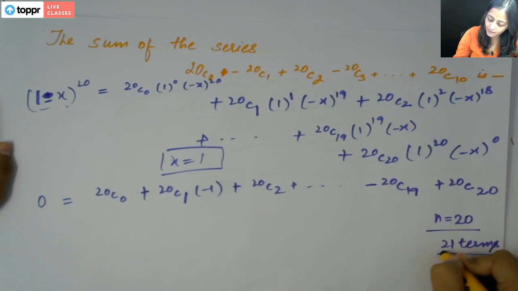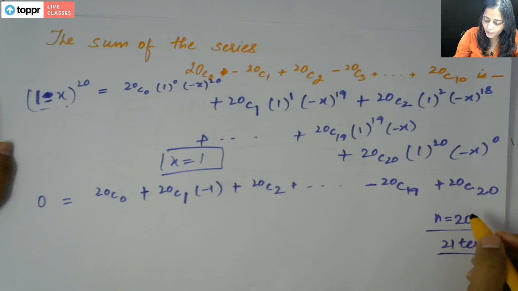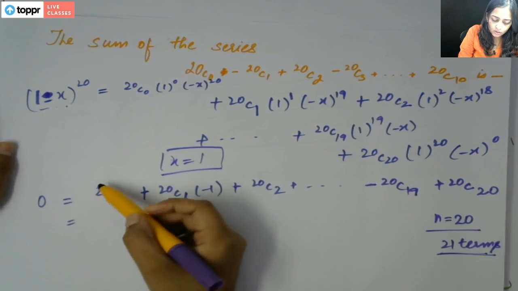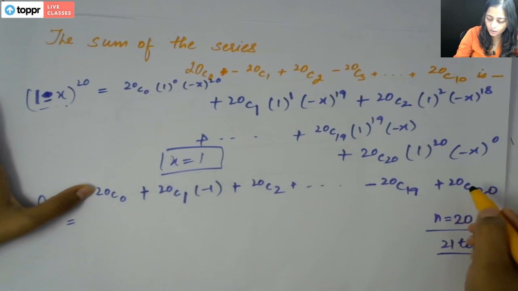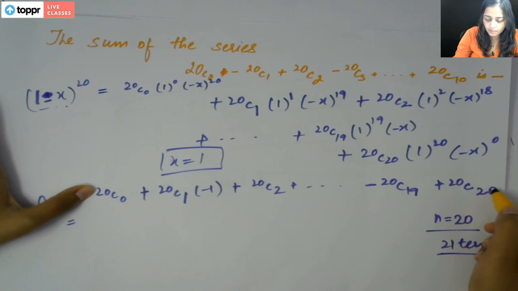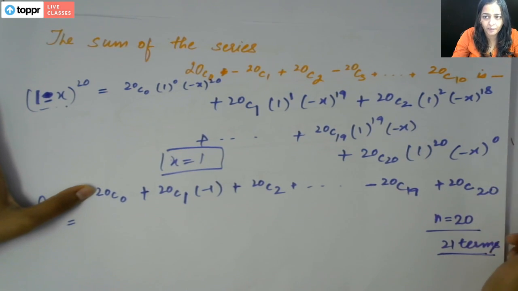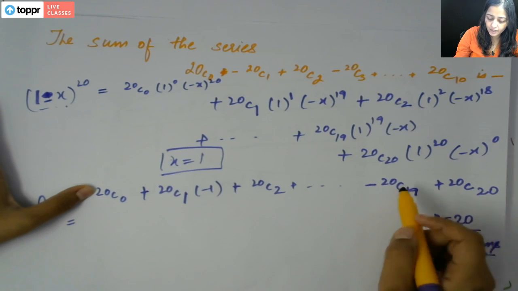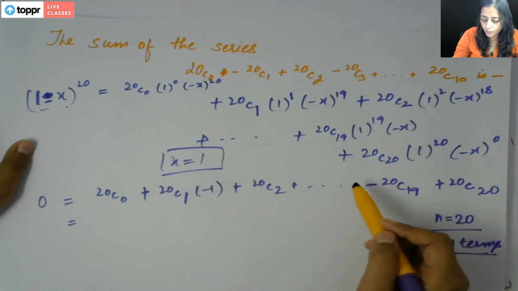Since I have 21 terms, my middle term would be the 11th term. I can also say that 20C0 will always be equal to 20C20, because we know that nCr is always equal to nC(n minus r). 20C1 will be equal to 20C19, 20C2 would be equal to 20C18.